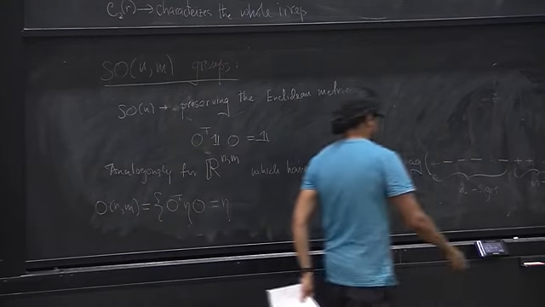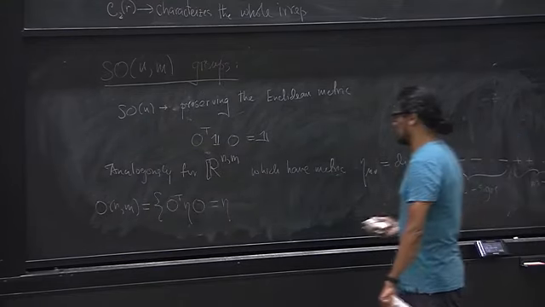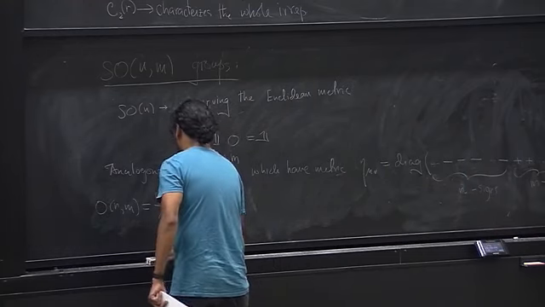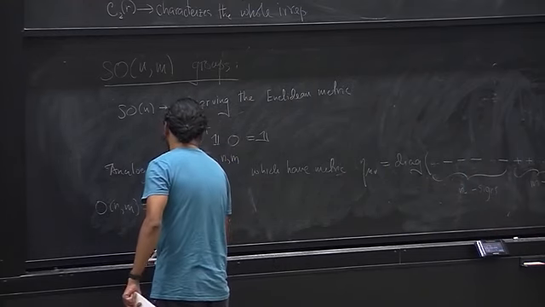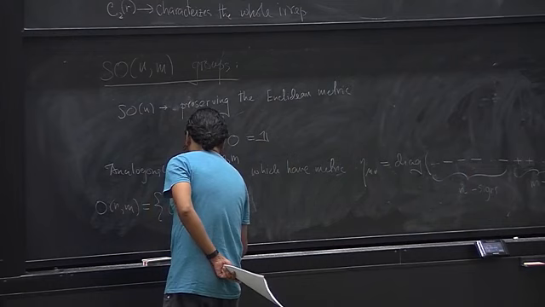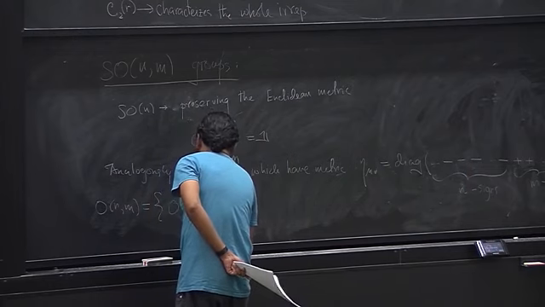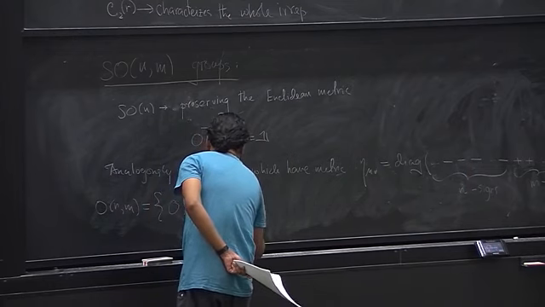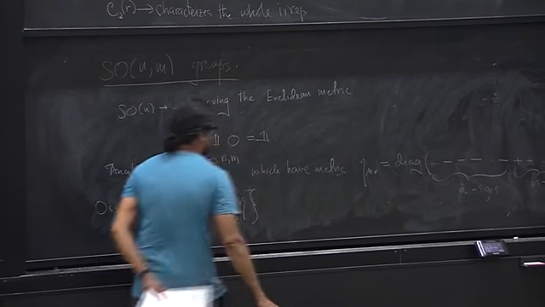Sorry, yeah. So this is all those O which leave this metric invariant, right?